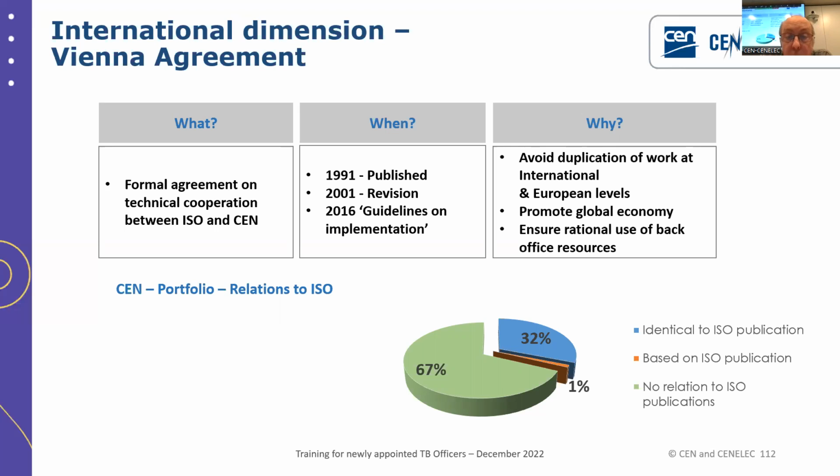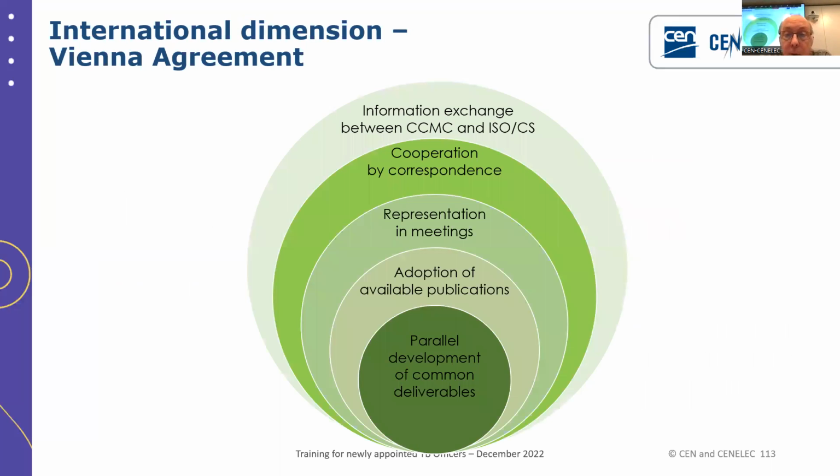You may see from this little diagram that about 32% of ENs are identical to ISO documents. This onion, which I will describe quite rapidly, shows all the layers of the Vienna Agreement.